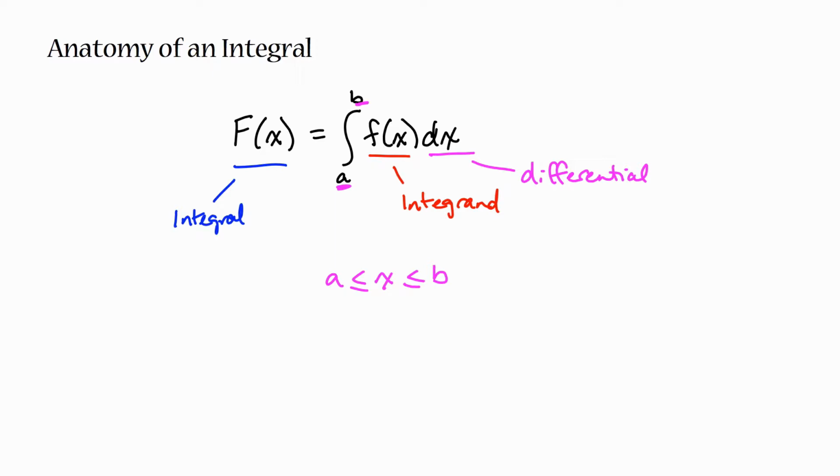So now into the bits of an integral, what do they actually do? Okay, so now that we know what the bits are, it still remains to be said, for my integral of little f of x dx between a and b, what does that actually mean?